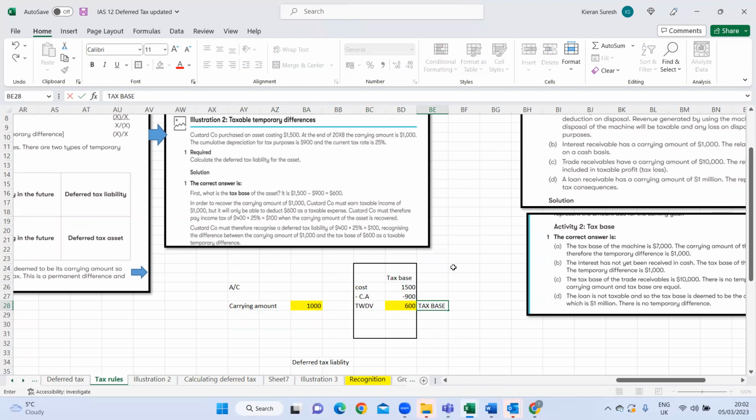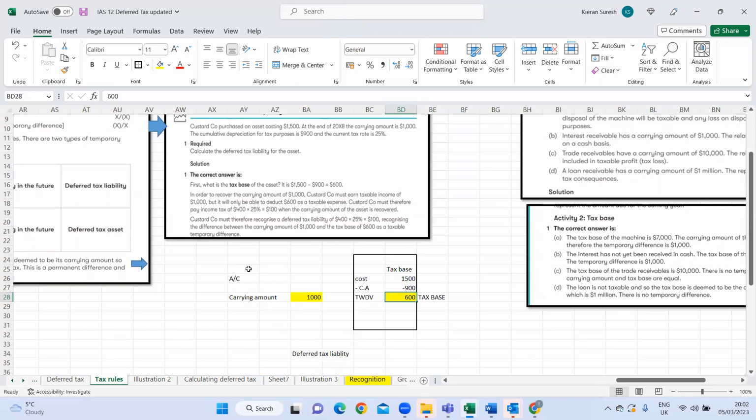That means for the same carrying amount, tax authorities are giving us only 600 pounds worth because of the difference in depreciation. Capital allowances have many rules. Some, like the annual investment allowance, let us claim 100% upfront, so they have given more allowances at the start.